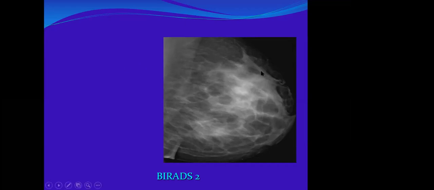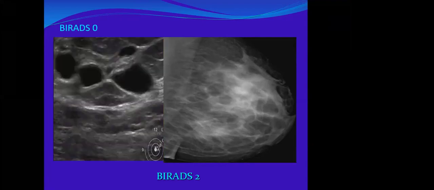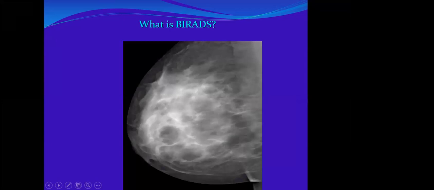There are multifocal asymmetries here. Can you see it? So these multifocal asymmetries are seen here. I don't know, it should be BI-RADS 0 on mammography and BI-RADS 2 on ultrasound, after ultrasound. Okay.